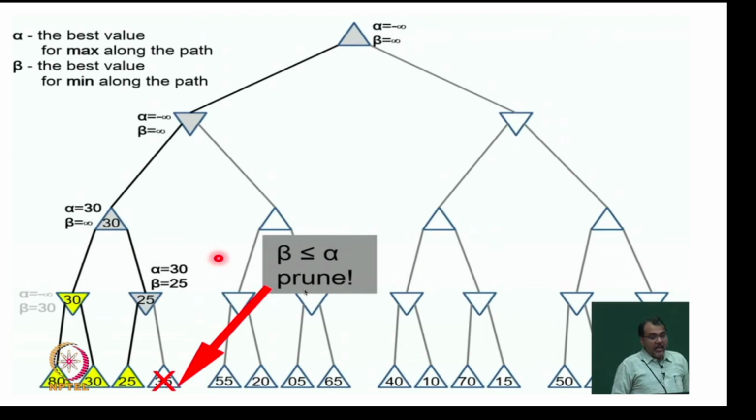No need to go and search the subtree, because you are quite sure that here you will have 25 or lesser than 25, right? But you can see on the left side there is the 30, and the upper node is the max one, so 30 would go there. Why do you need to explore further? So this is where beta is less than alpha, and then you prune the subtree. This is the effectiveness: we are not going to search the subtree, so time and space are saved. So this is called alpha beta pruning.